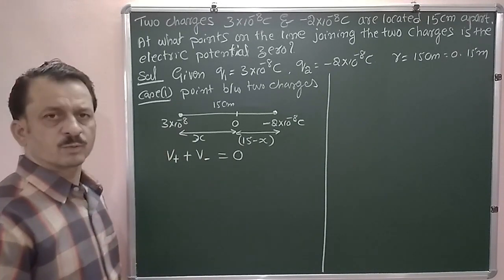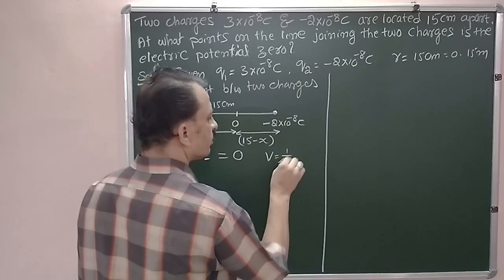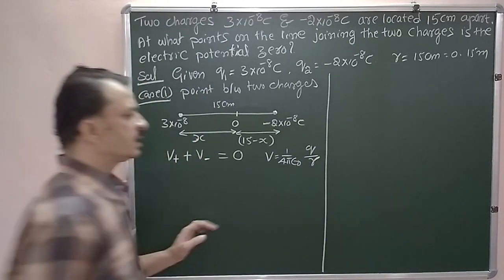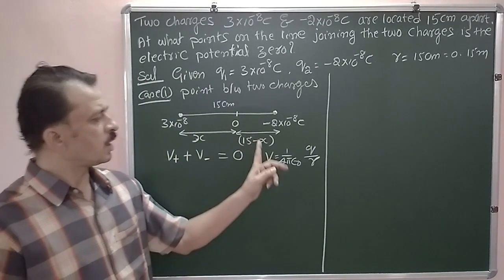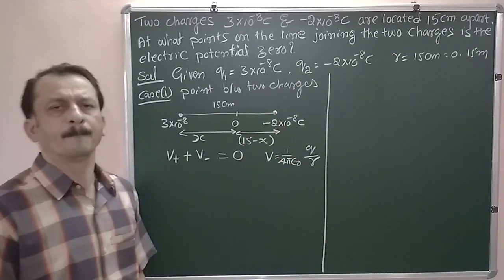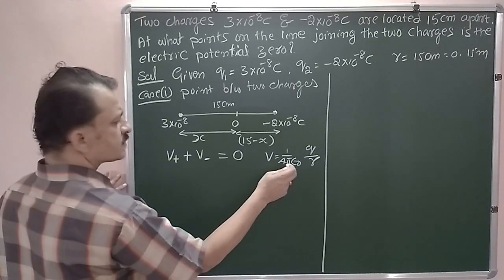Now we know the general formula for potential. V is equal to 1 divided by 4 pi epsilon naught into Q by R. It is the general formula. While solving problems, we have to write the formula and then proceed with solving. Now use this formula.